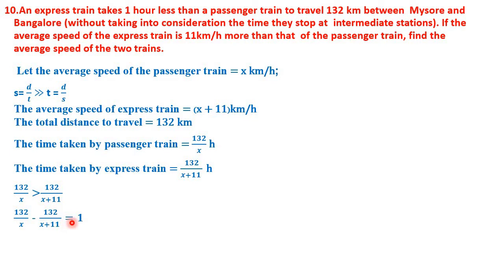It is already said that the express train takes 1 hour less than the passenger train. So the difference is 1 hour, which means the passenger train takes 1 hour more than the express train. So we have to find the speed of the trains, that is, the value of x.